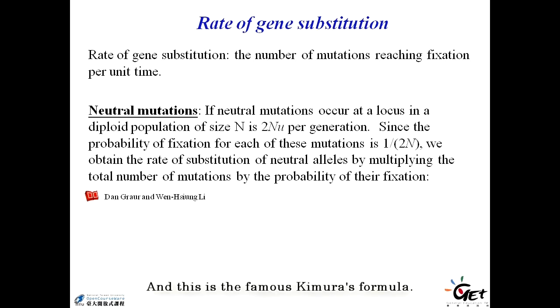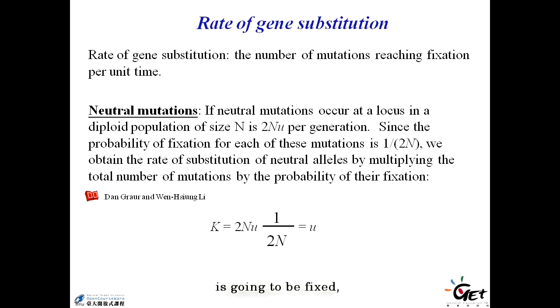This is the famous Kimura's formula. If an allele has a chance to be fixed in the population, the probability is 1/2n, right? The fixation probability is 1/2n. Then you ask how many mutations can arise in the population at a given generation.